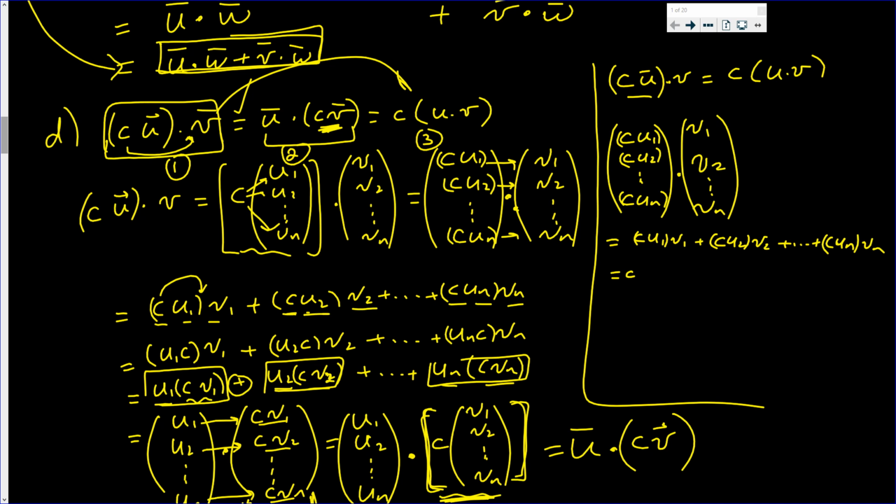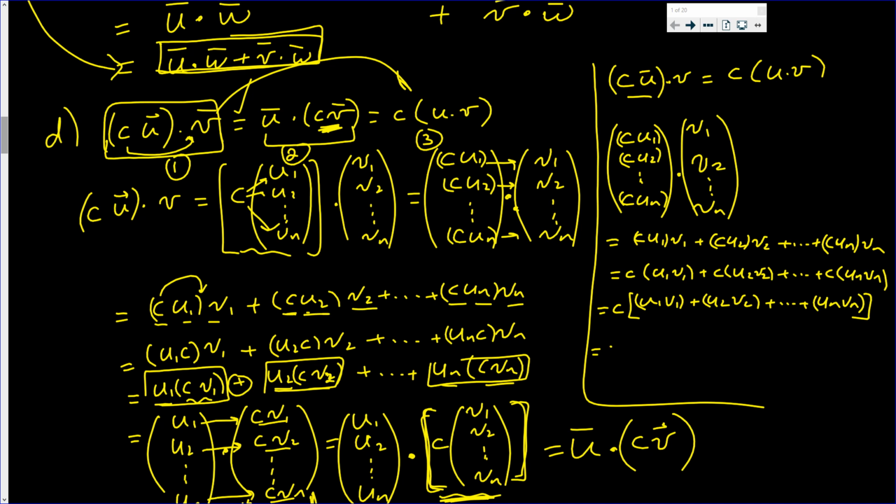But this is c times u1 v1. See how easy I was able to get the u's and the v's together and to separate the c, un, vn. And now I can factor out the c. So I have u1 v1 plus u2 v2 all the way down to un vn.